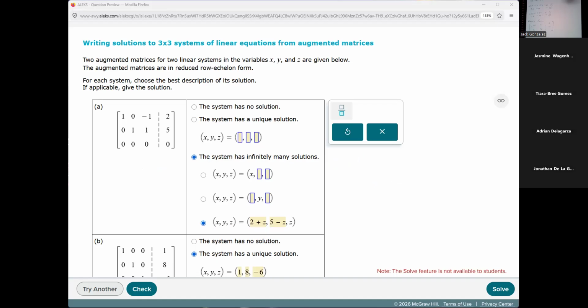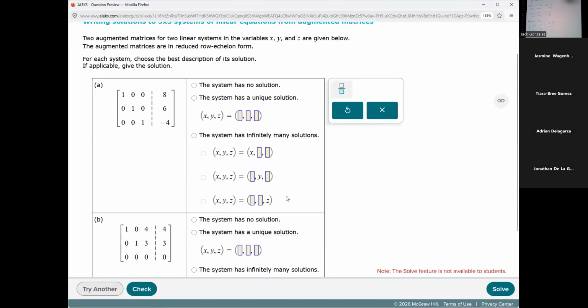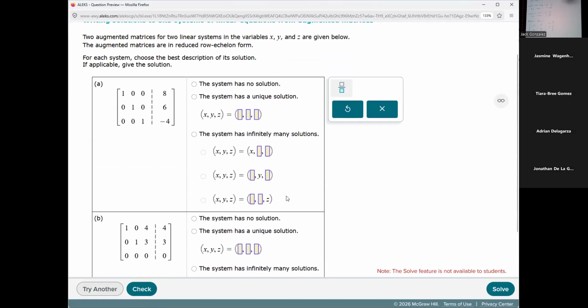All right, let's move on to another one. So here's another example. On this one, you can see the answer real quick, right? Diagonal ones. So x is equal to 8, y is equal to 6, z is equal to -4.